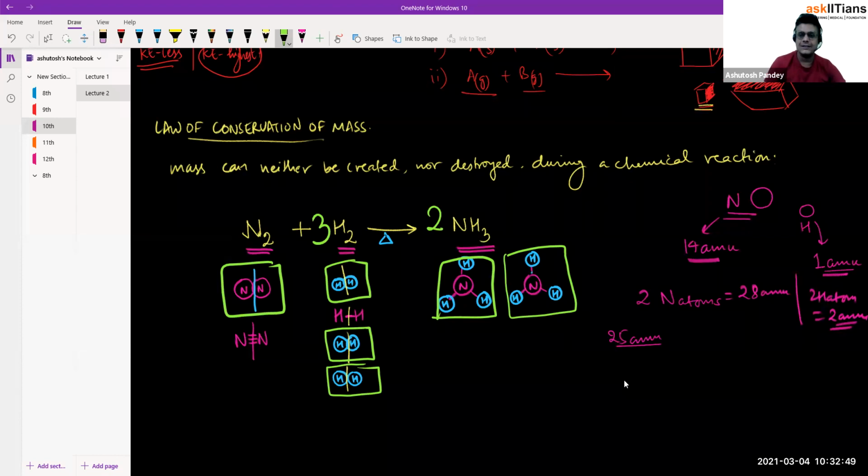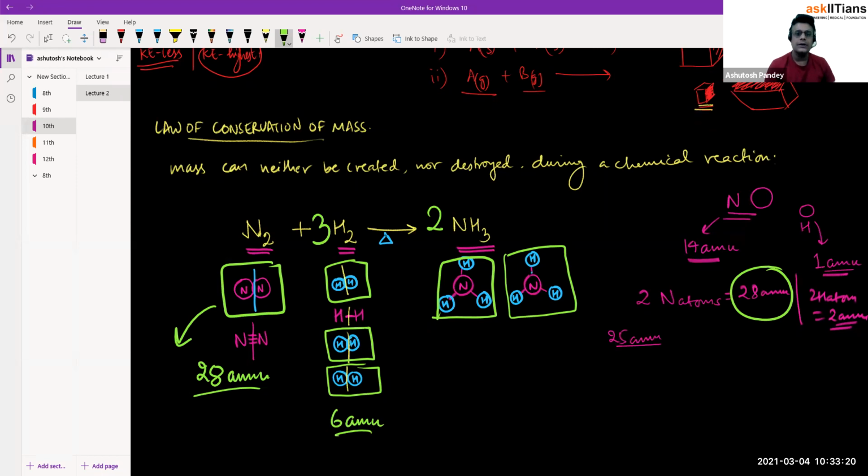Now let's see the law of conservation of mass here. What is the mass taking part in the chemical reaction for nitrogen? We have two nitrogen atoms, so it means 28 AMU. Then one H2 will have 1 and 1, so 2 AMU associated with it, and we have three H2s, so we'll have a total of 6 AMU.